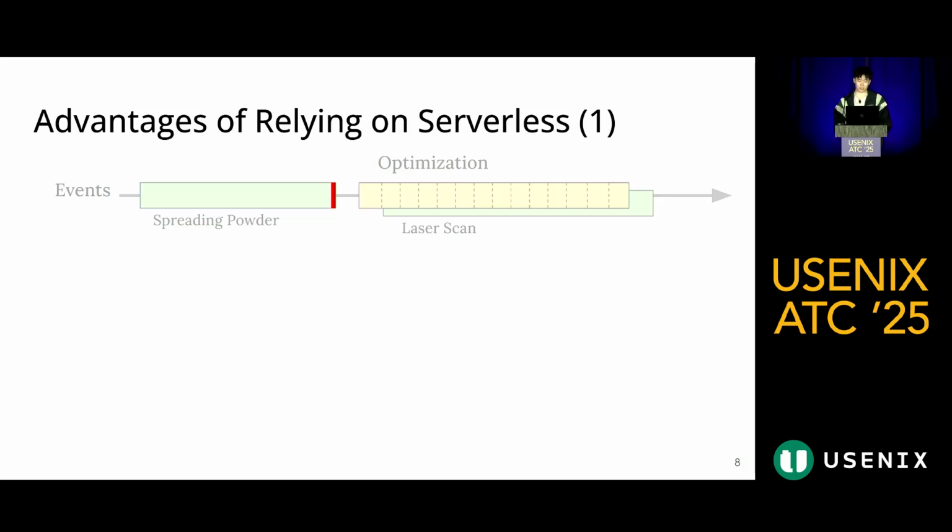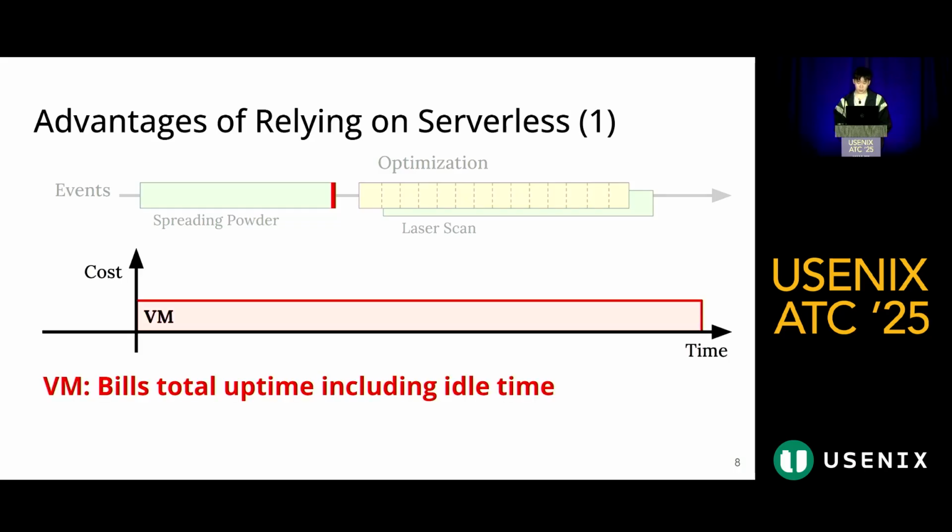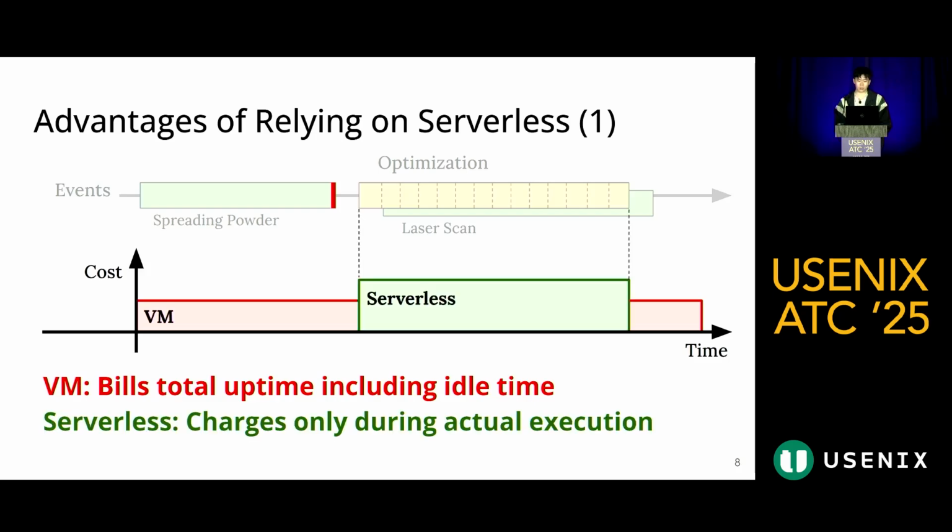The other part could be spreading powder or other mechanical movements. For a virtual machine, it's infeasible to spin up and terminate the VMs within seconds of this idle time. But VMs charge for total uptime, even during these idle periods between layers. On the contrary, serverless only charges the user during execution.